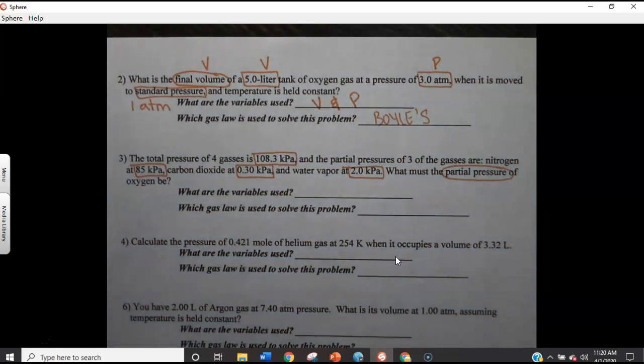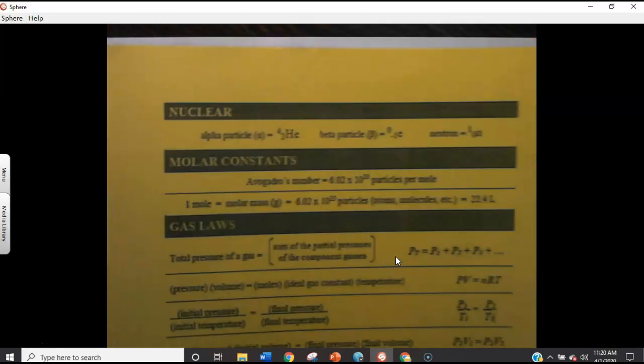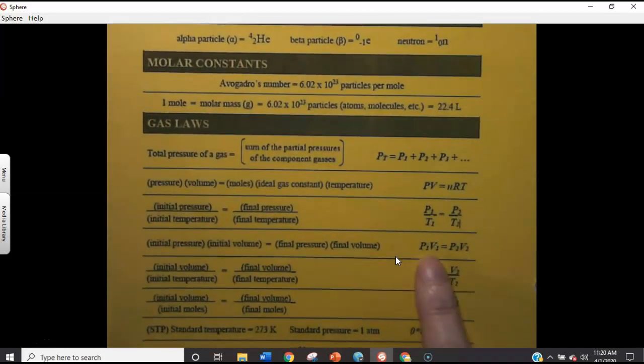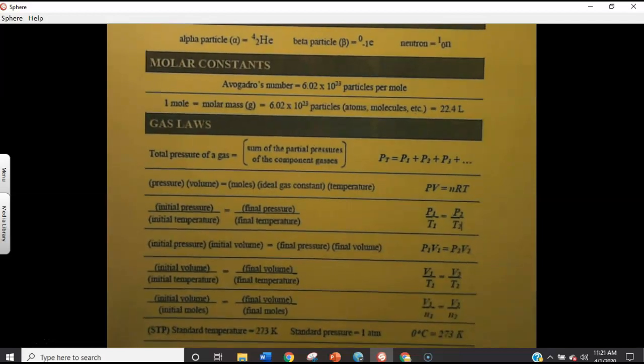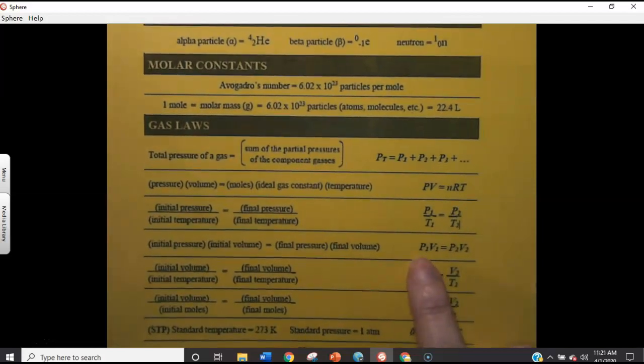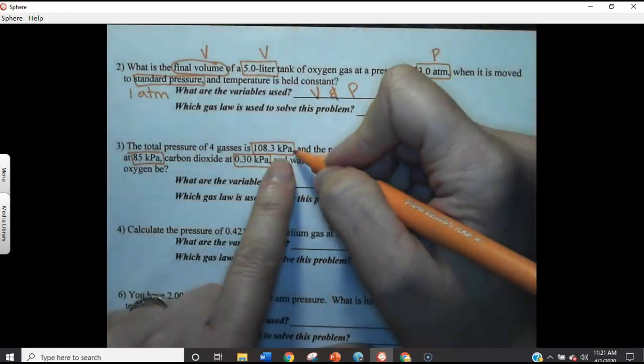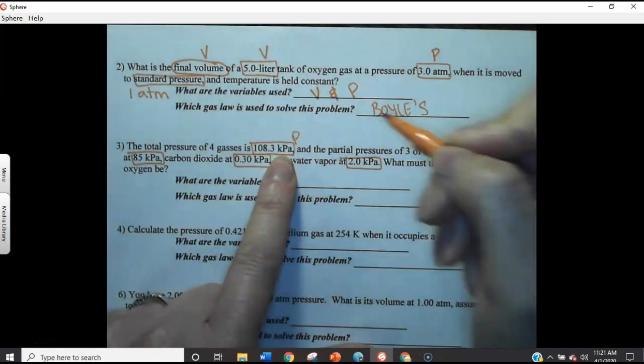If I had asked you to solve this, which we're not, you would look at the back of your periodic table and choose the equation with 2 P's and 2 V's. Okay. Number 3, the total pressure of 4 gases is given in kPa, which is a pressure unit.